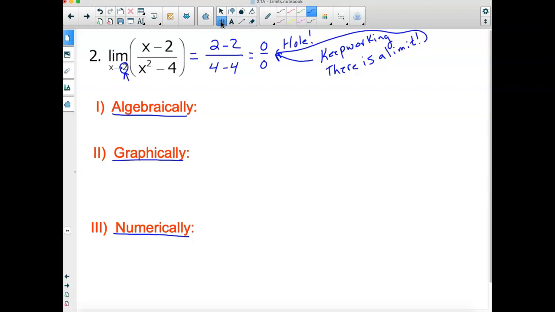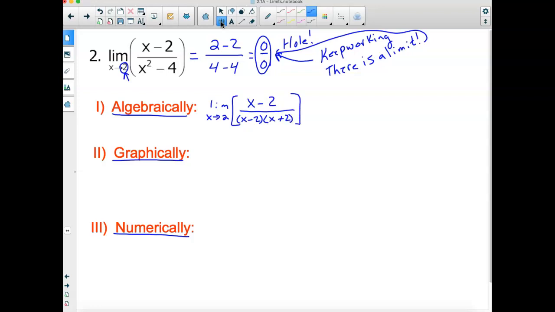So what we do is we take our limit as x approaches 2 of our function. Remember, 0 over 0 means the top and the bottom share a factor. We're going to have to be good factorers. And if anybody tells me, oh, Mr. Kruger, I was never very good at factoring, saddle up, man.